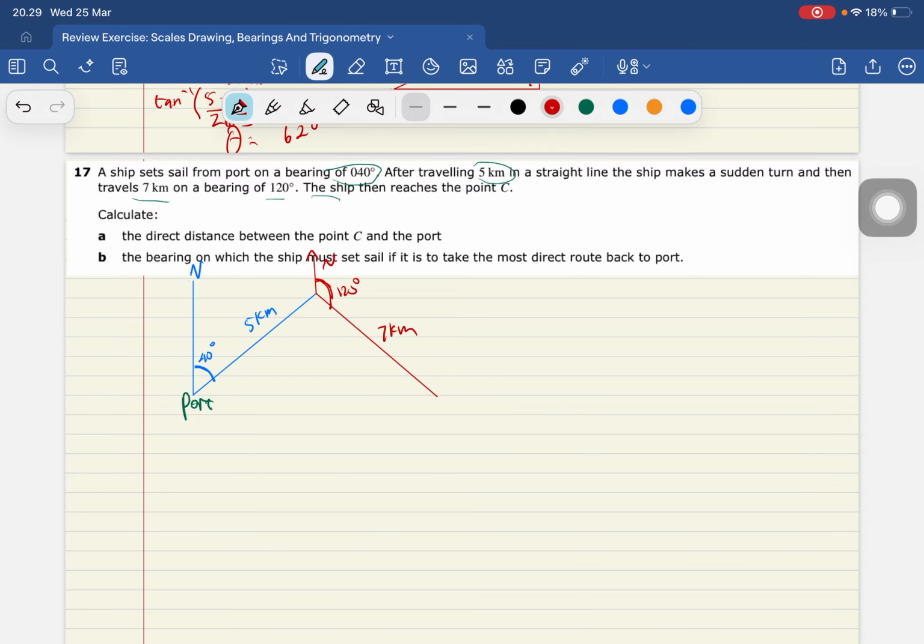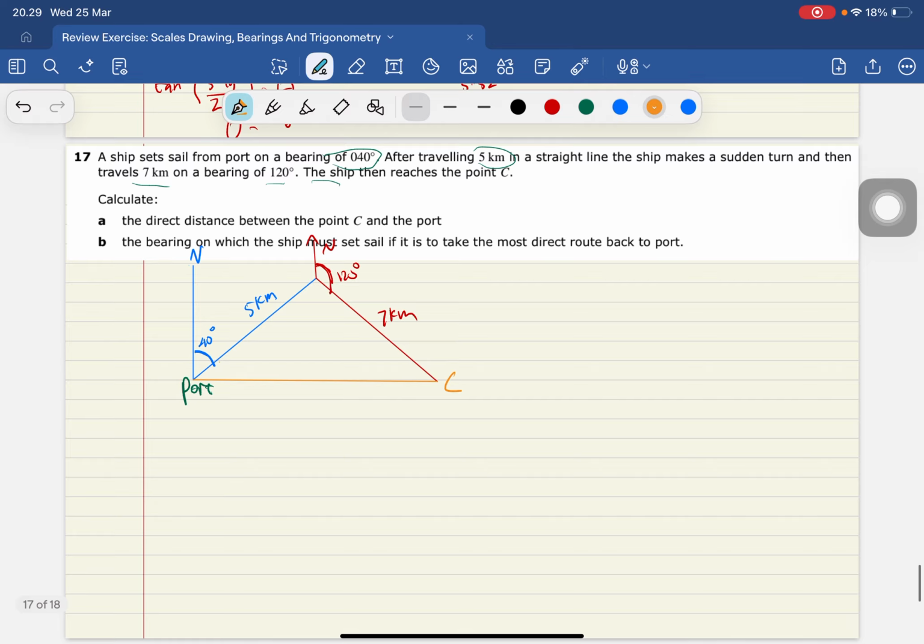We need to find the direct distance to the point C. So we need to find this line from the start point to C. This is the distance. If this is 40, then this angle is going to be 90 minus 40, which is 50 degrees.